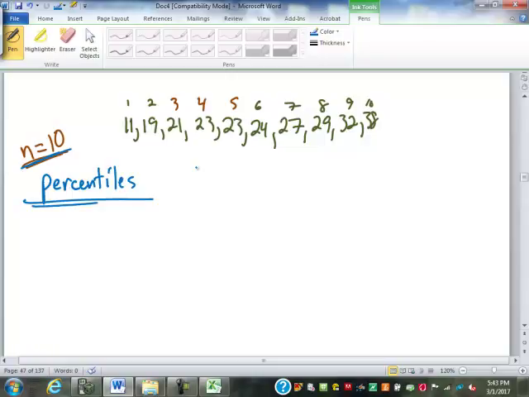Almost all of us have heard it somewhere that you took your test and you tested in the 85th percentile, or your weight is in the 38th percentile, or whatever. You hear the word percentile all over the place. And what the percentile means, let's say you're told that you are in the 38th percentile.